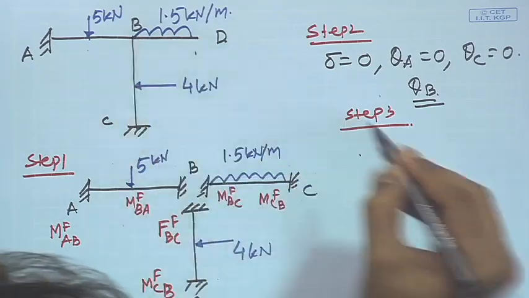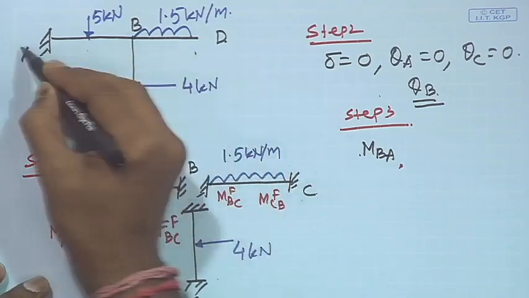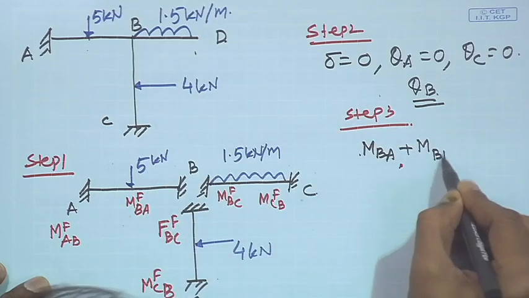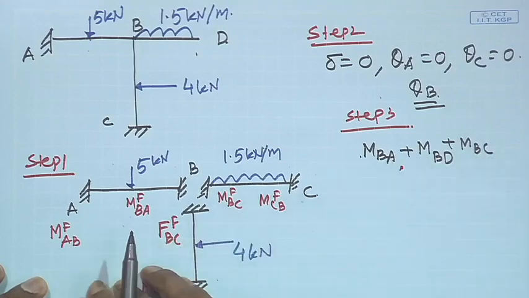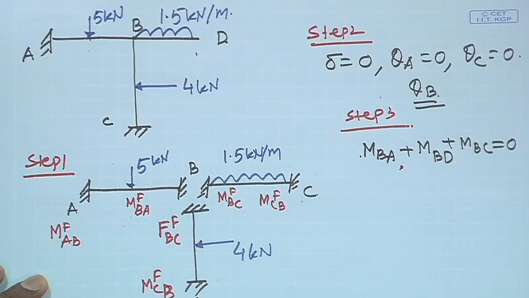That is MBA, the moment at B in segment BA, plus MBD, the moment at B in segment BD, plus MBC, the moment at B in segment BC, which should be equal to 0.